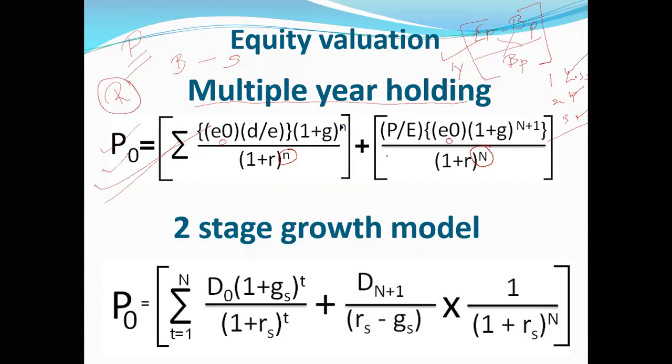Here it is 1 plus g raised to n. Here it is 1 plus g raised to capital N plus 1. So please note this. Both are not the same, this n and this N are not the same.